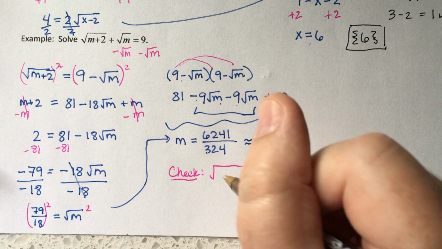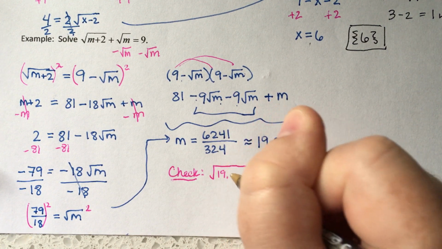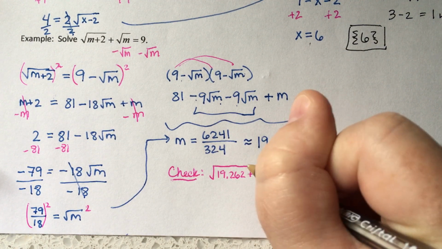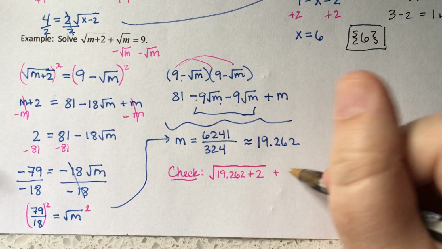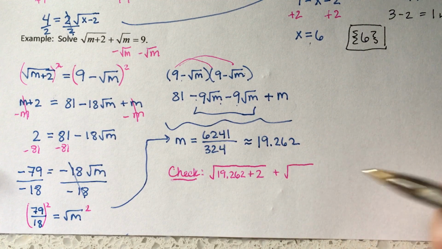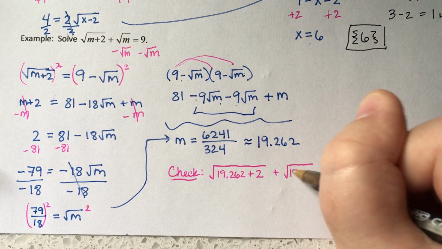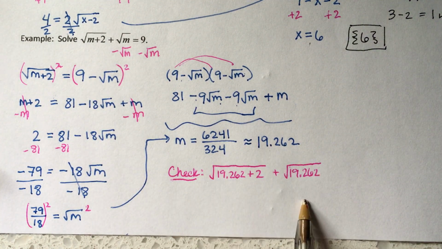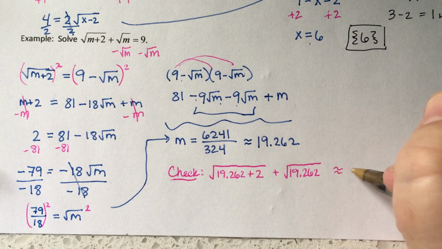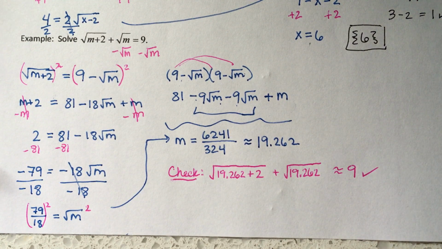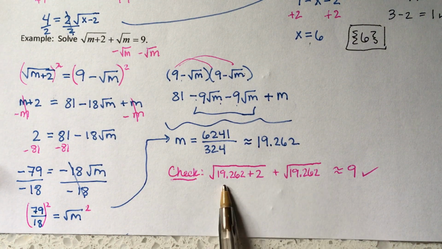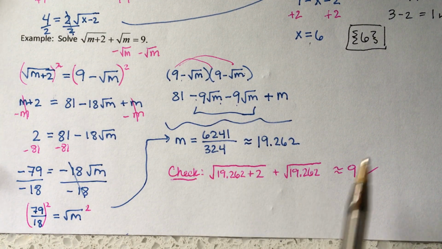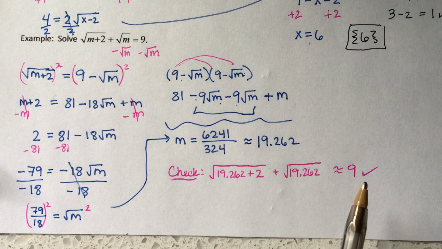So square root of 19.262 plus 2 plus the square root of 19.262. You put that in the calculator, and it should be a number that's close to 9. I don't want you to trust me on that. I want you to try it on your own calculator, but yes, it does check out that even though this is really ugly, the solution does check out. It equals 9.